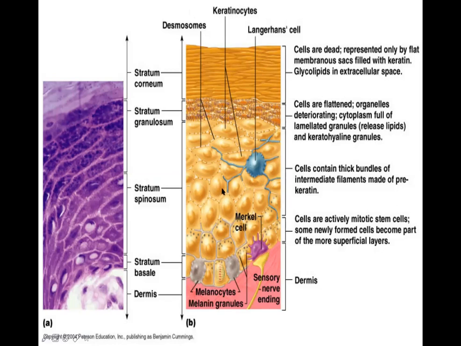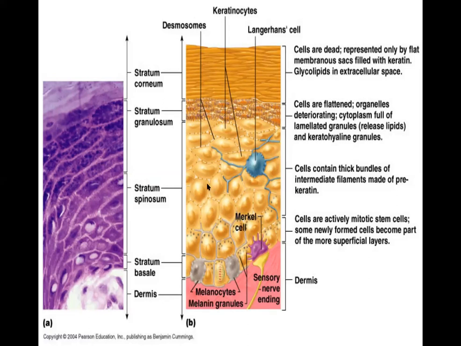Now, why am I including this slide here? There is a very important meaning. These diseases, which are known as vesiculobullous diseases, mainly Pemphigus vulgaris, develop in the superficial layer of the epidermis, and the cells of the epidermis are known as keratinocytes.